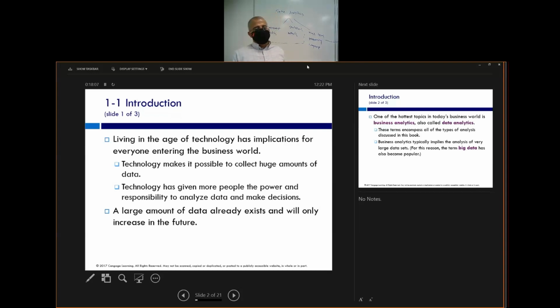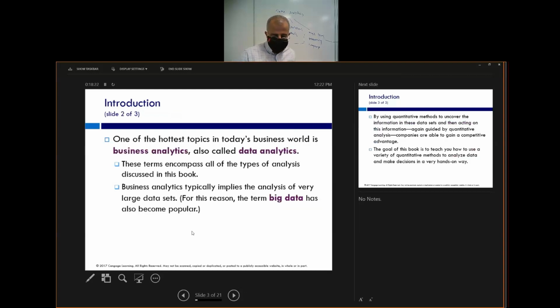So data collection is not a challenge anymore, and we have access to a large amount of data, and we should be able to work with these data sets. One of the hottest topics in today's business world is business analytics, also called data analytics. The use of data analytics in business is called business analytics.